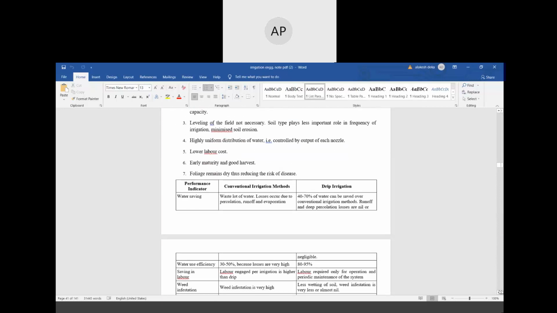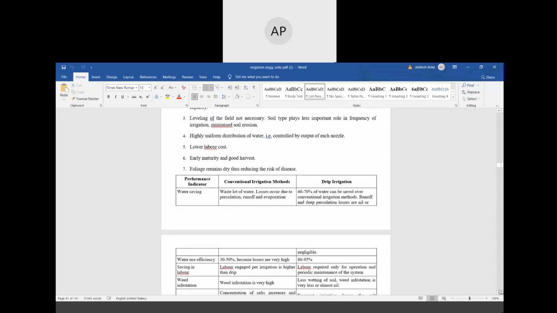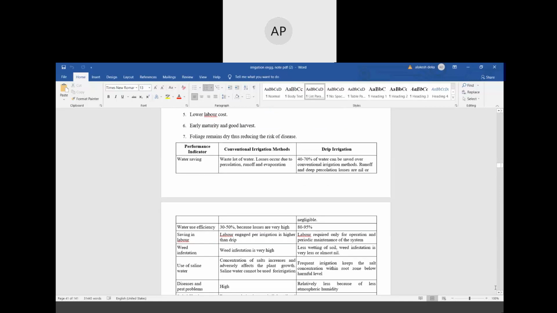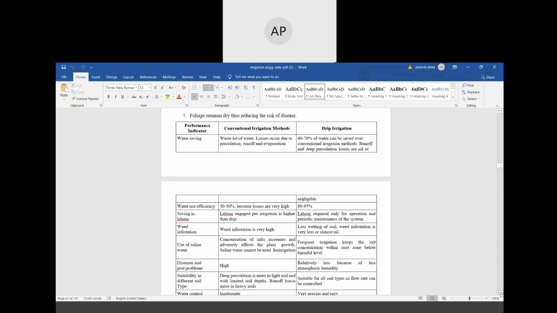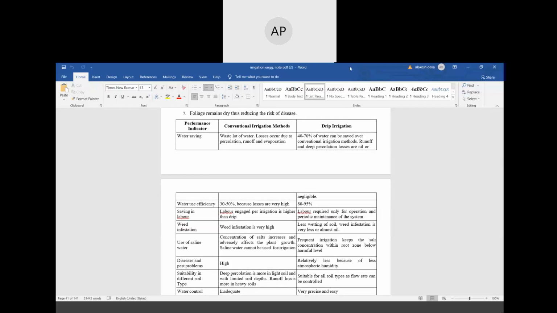Yes. Another, there are some differences between conventional irrigation methods and drip irrigation systems. What are the differences? Let's see. Conventional irrigation method and drip irrigation system.